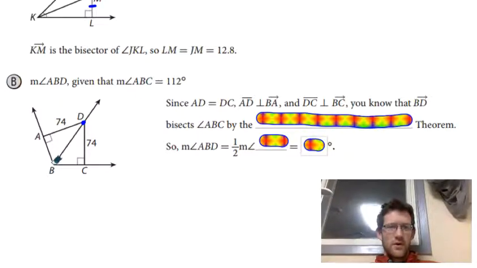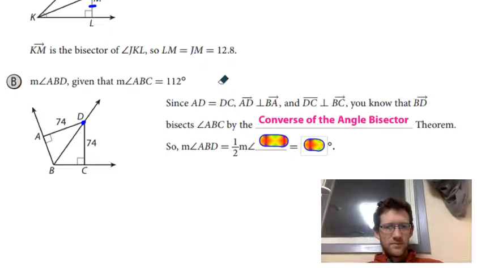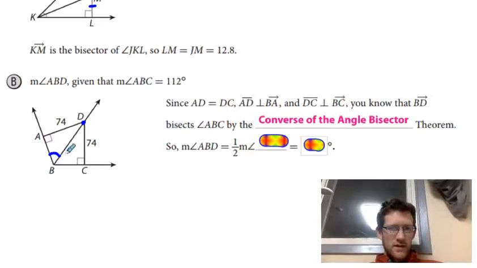So therefore, ray BD bisects angle ABC because of the converse of the angle bisector theorem. Since it's on the angle bisector, this angle is congruent to this angle, and angle ABD is exactly half of angle ABC. So half of 112 is 56.